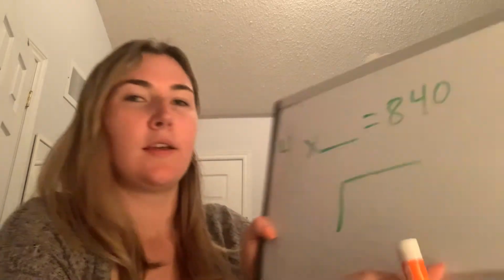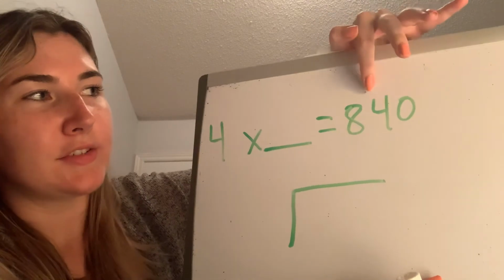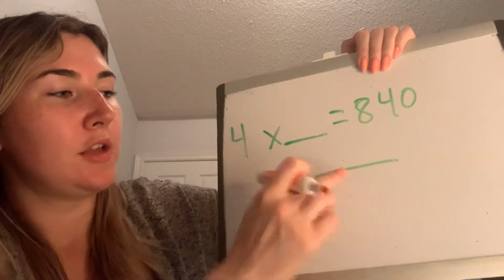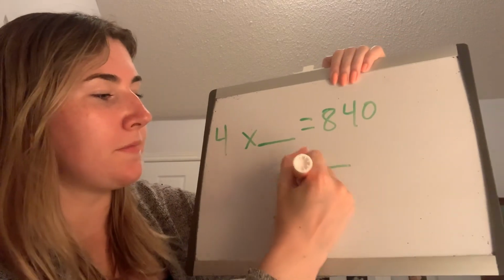So we have 4 times the number will give us 840. And we'll have to put this into the division problem. So of course, our answer to our multiplication is the number that we'll be dividing into. So it'll go underneath here.